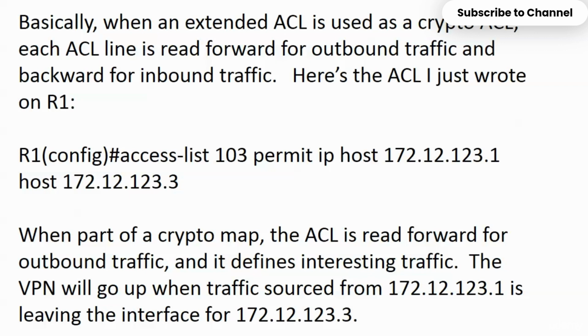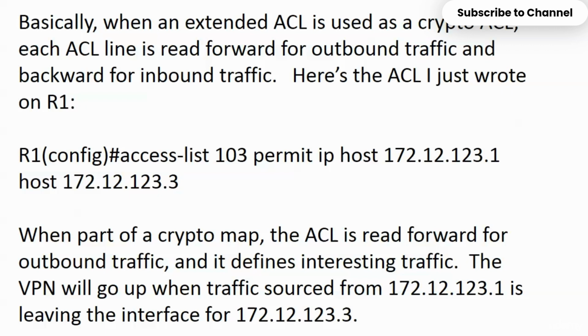This is actually what happens. When an extended ACL is used as a crypto ACL, each line is read forward for outbound traffic and backward for inbound traffic. I've got this on the board for you, and we'll write it on the routers as well. On router 1, access-list 103 permit ip host 172.12.123.1 host 172.12.123.3. Source, destination; we know it's an extended ACL, we know the syntax.